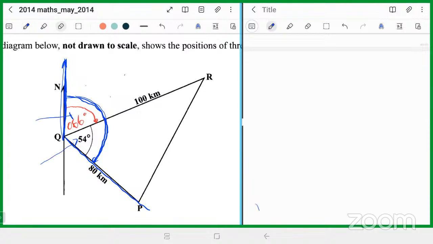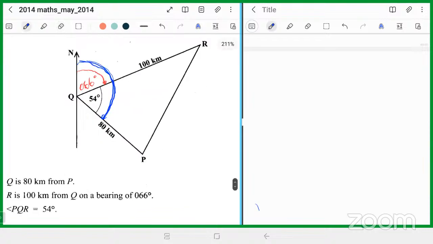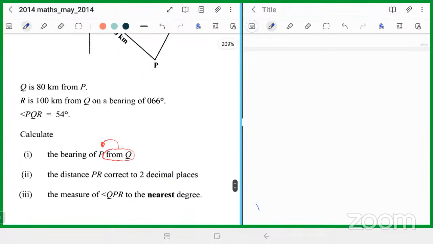That bearing angle in blue is the sum of those two angles, 066 and 54. That is what will answer this part of the question. So this is equal to 066 degrees plus 54 degrees. What is that equal to? 120 degrees. And it's 3 digits.